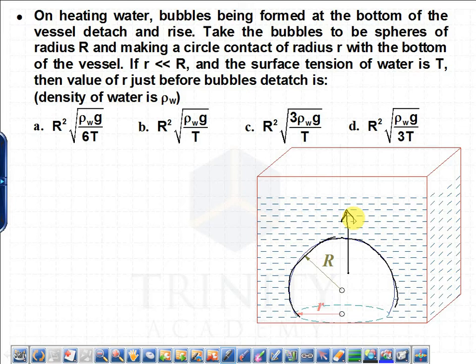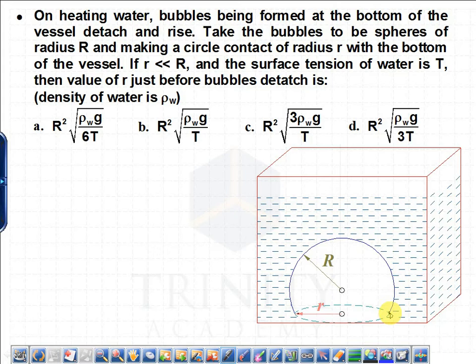But it is prevented from rising by the ring that would be formed at the base of the vessel. This ring will be attached to the vessel, and the force of surface tension exerted by this ring will be due to its interaction with the vessel.